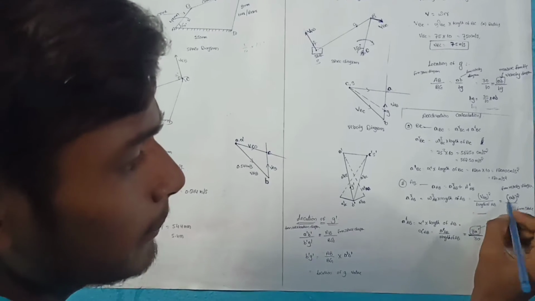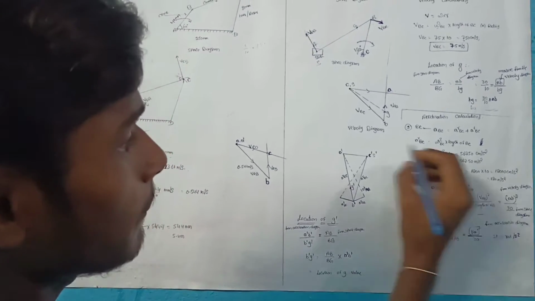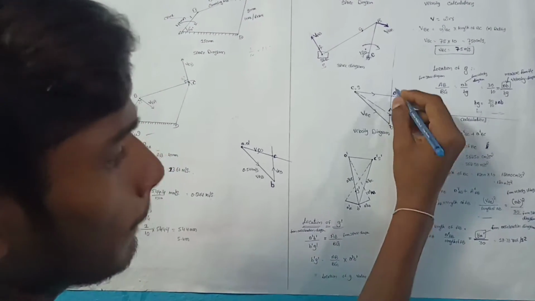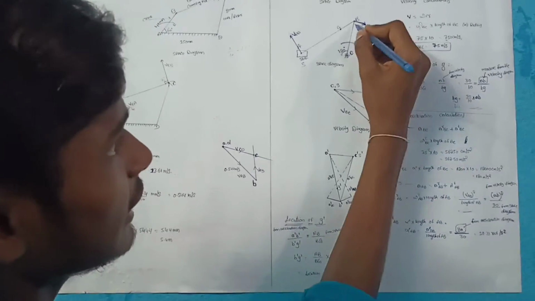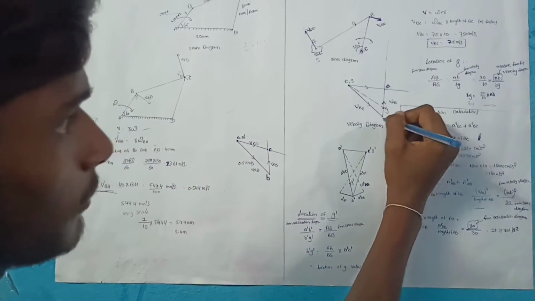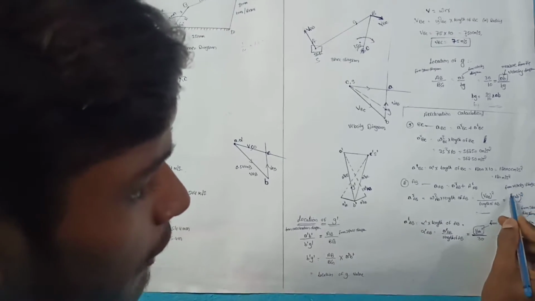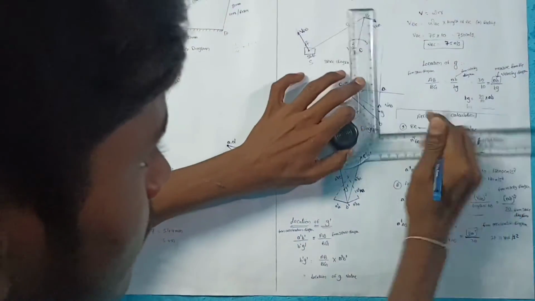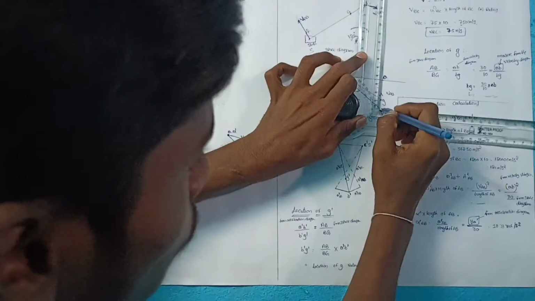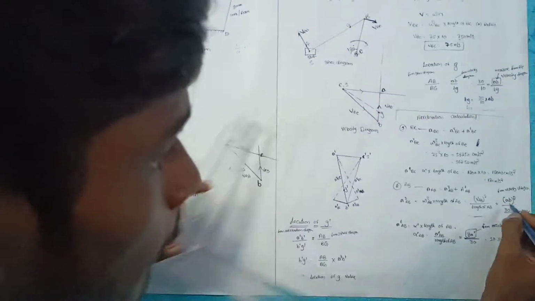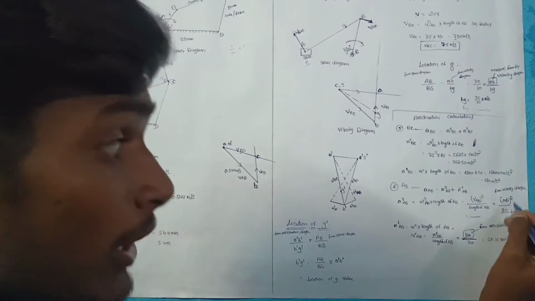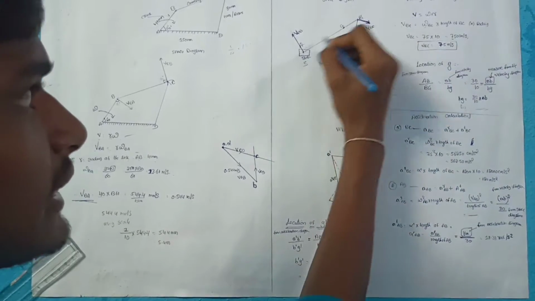Omega we can measure from the velocity diagram. AB we know by the length of this link, which is 30. AB measured from the velocity diagram is 3.5. So it is 3.5 squared by 30, where the length of this link is 30.